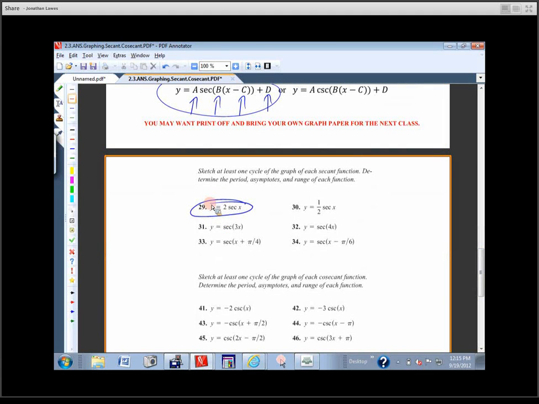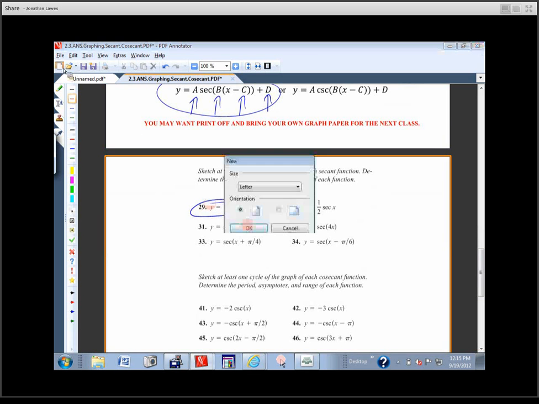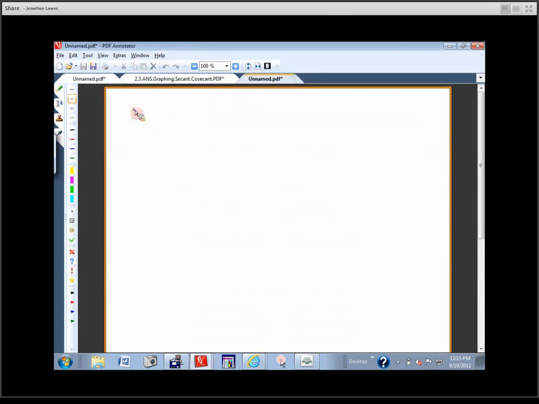So 29 is 2 secant of x. What I want in my head is, what did secant look like? Secant is a bit of an oddball; it's the one that looked like this. There's one fundamental shape.